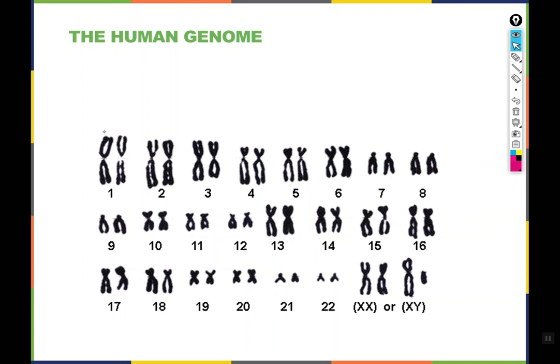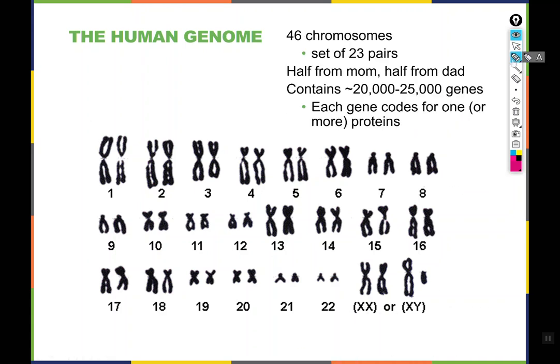So let's say this chromosome here came from the individual's mom. This, and this, these are identical sister chromatids of a duplicated chromosome.